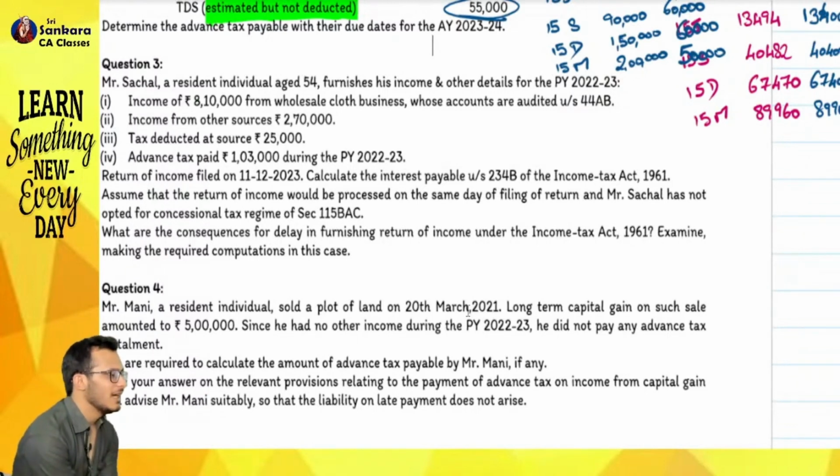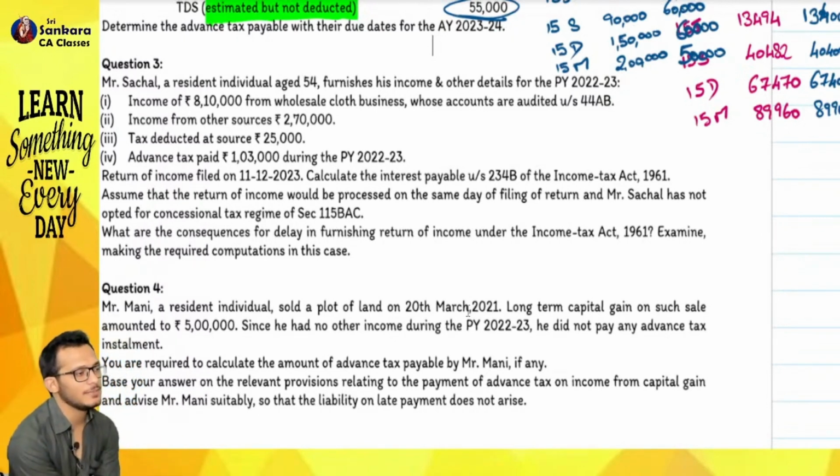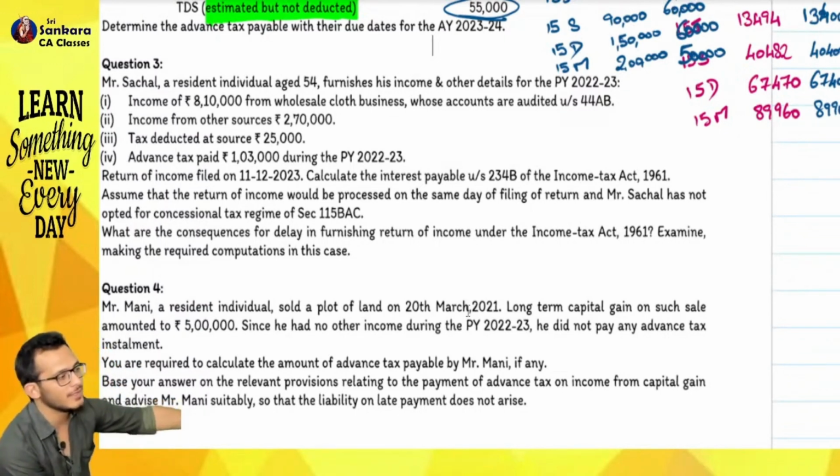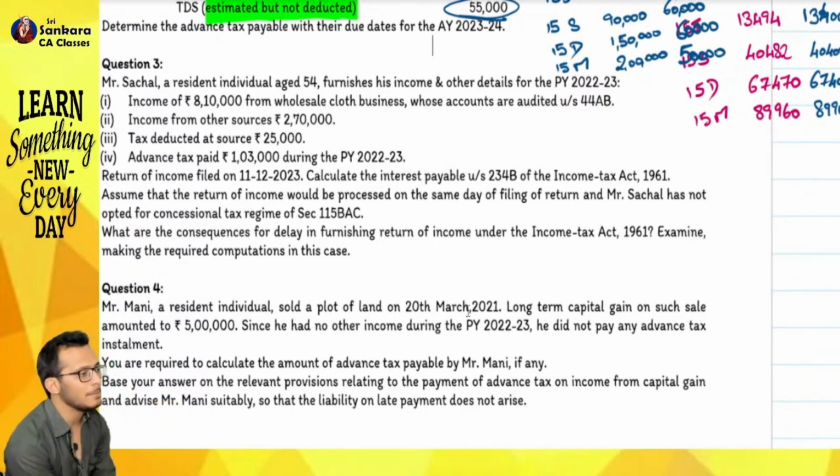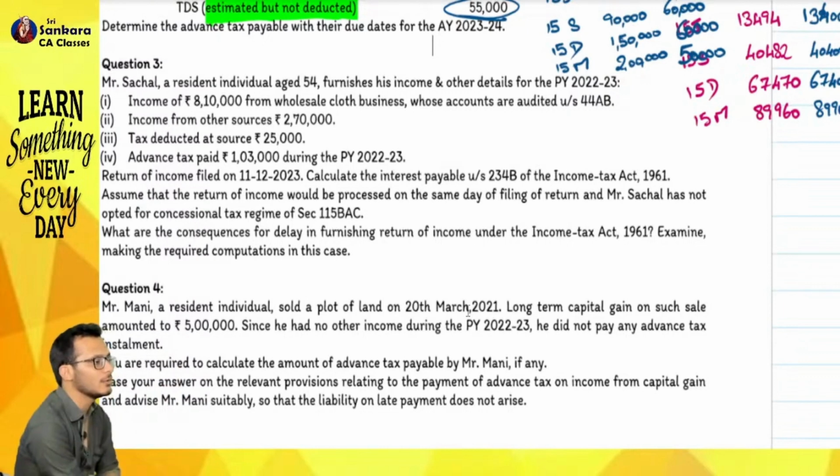Not required. Understand, I told you 234B only levies on the tax, does not levy on the interest. Does not levy on the interest means I don't care what the interest is. I would have only bothered if he had made some payments during the year. Had he made some payments from April to December, then I would have adjusted against 234C. Fortunately, he made no payments, which means I will directly get the 234B.